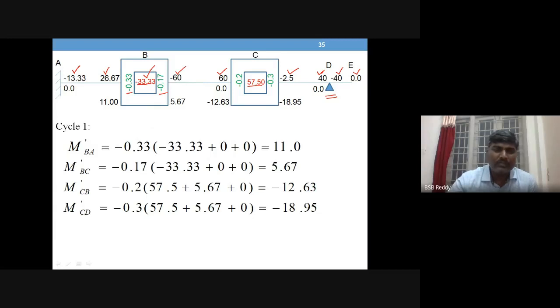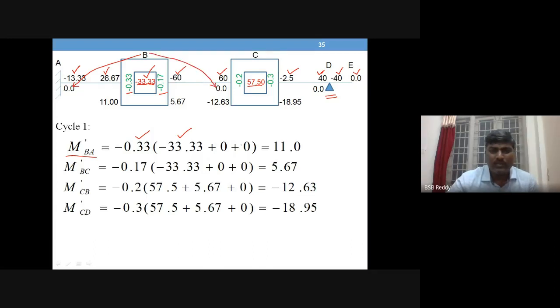Okay, so these are the sums of fixed end moments. Now, to calculate the rotation contribution at joint B, for member BA, use the minus 0.33 rotation factor times the sum of fixed end moments plus far end rotation contributions.